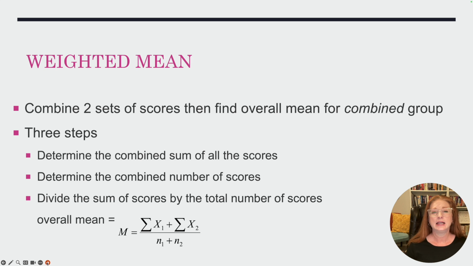Divided by the number of people in group 1 plus the number of people in group 2 plus, and you keep going depending on however many groups you have. That's going to give you the weighted mean. It is not strictly just the average or the mean. It's taking into consideration the number of people in each of the groups.